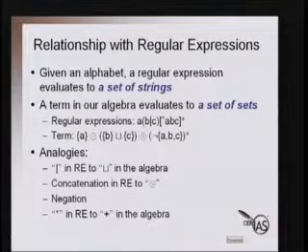So as we can see, the selective operators in regular expressions is similar to the operator square cup in the algebra. So it means choosing one element out of two. And the concatenation operator in the regular expressions is similar to the operators in our algebra.